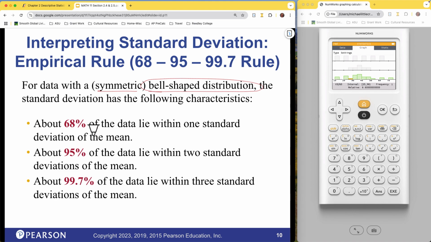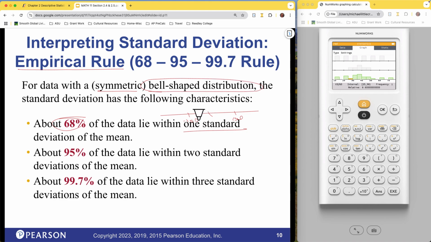What we find out is that if we get the mean and the standard deviation, and we'll see a picture of this in a moment, if we go 1 standard deviation below and one above, that we will encompass about 68% of our data. This is an empirical rule, which means it's just observed. It happens because this is what nature does for us in a bell-shaped distribution.